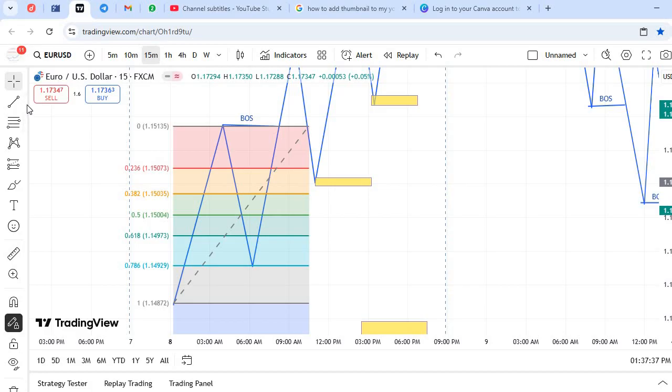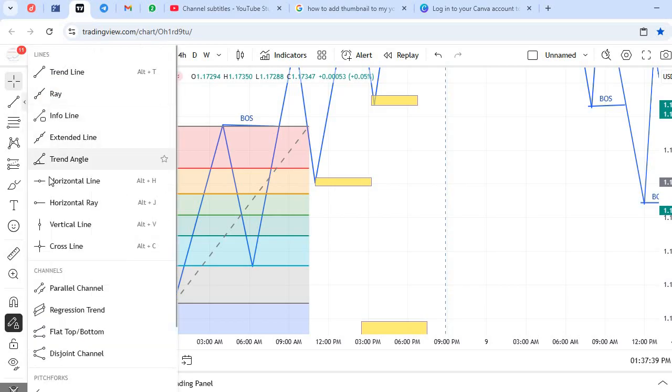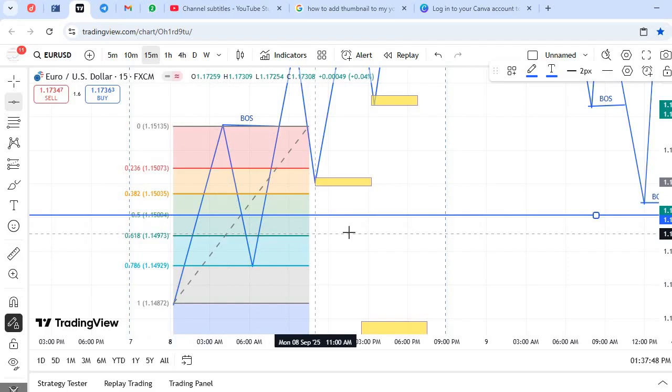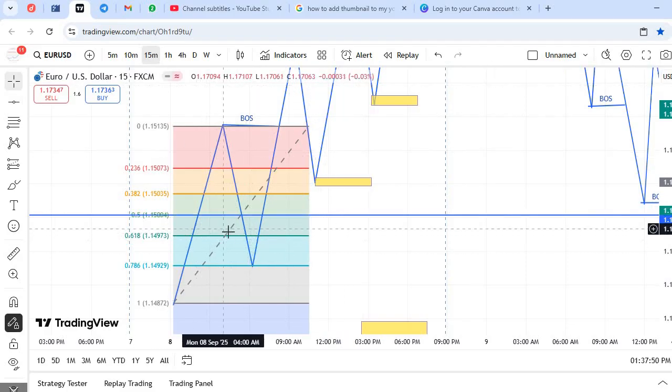So what you want to do is come here, click on your horizontal line, then this is your 0.5, then you click on it. Understand? Then you wait for it.